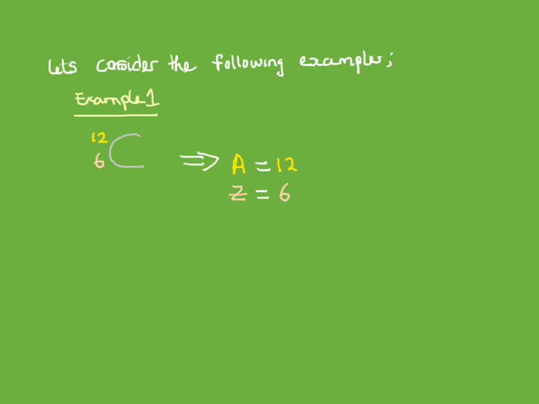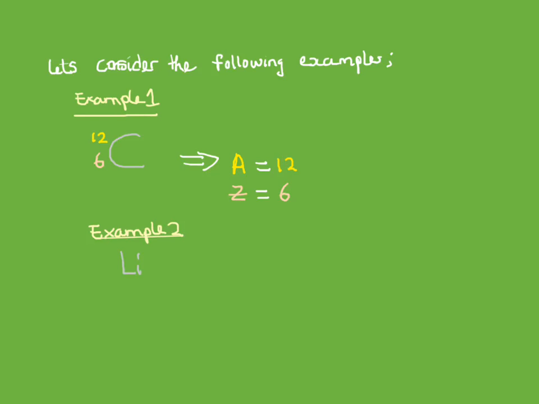The atomic number denoted as Z is equal to 6. So, for an element carbon with symbol C, it has a mass number of 12 and an atomic number of 6. Let's consider another example.